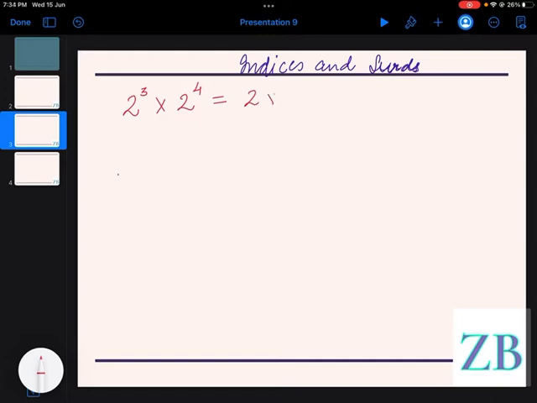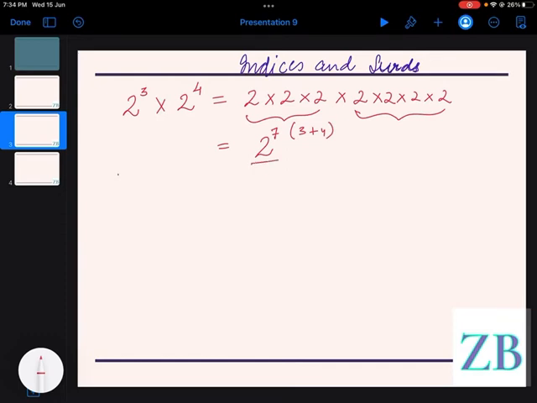So 2 to the power of 3 is 2 times 2 times 2, and 2 to the power of 4 will be written as 2 times 2 times 2 times 2. So you can see that 4 2's are over here and 3 2's are over here. They combine to give you 2 to the power of 7. 7 is 3 plus 4.